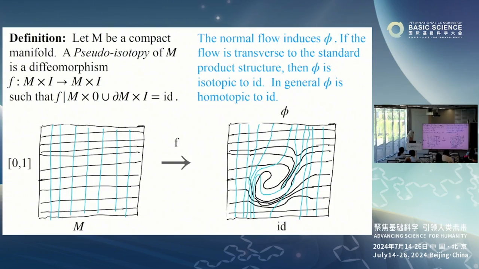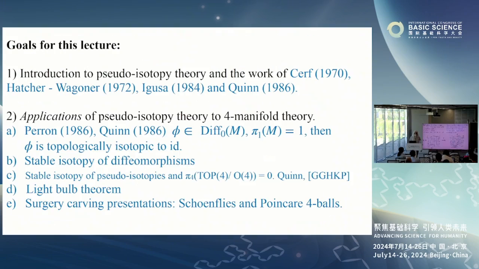If you have the standard product structure and you integrate it, you get the identity. And if you have another one, integrate that, maybe you get something else. Fine. So, right, okay, so that's the definition.